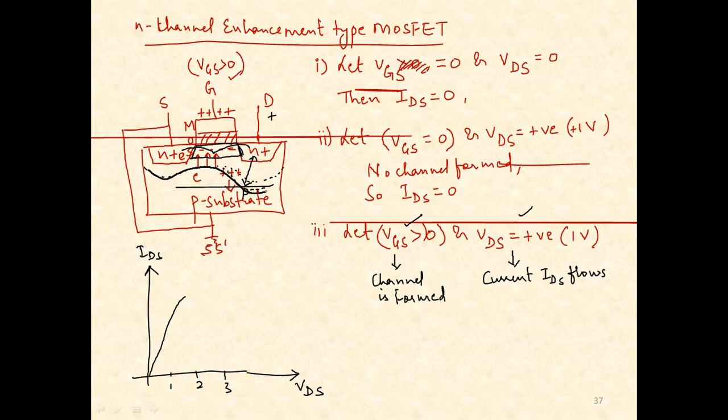So the thickness of the depletion region increases more near the drain when compared to the source. This increase in the depletion region pushes the channel further, so that near the drain end the shape of the channel becomes like this. Further, at some stage, it appears as if it is a triangle.